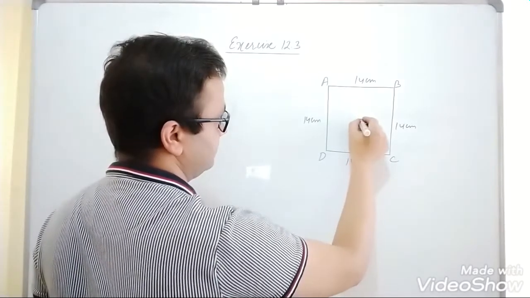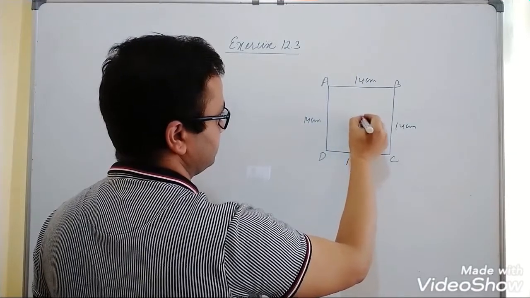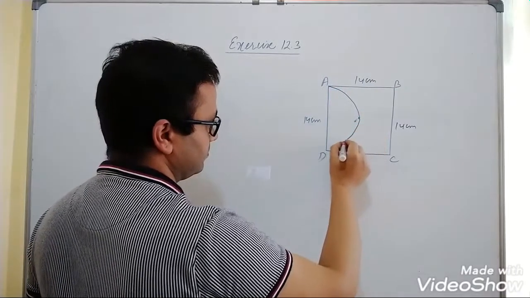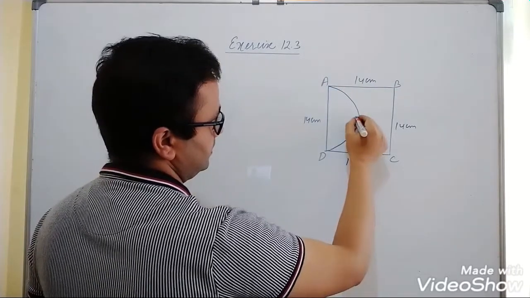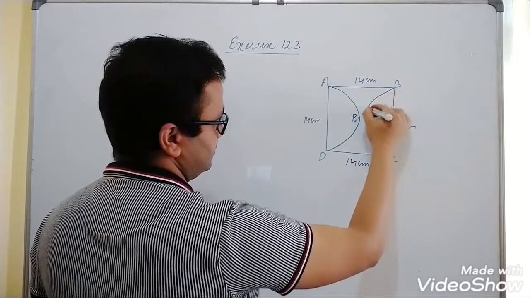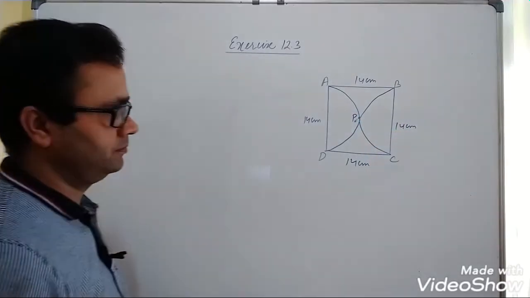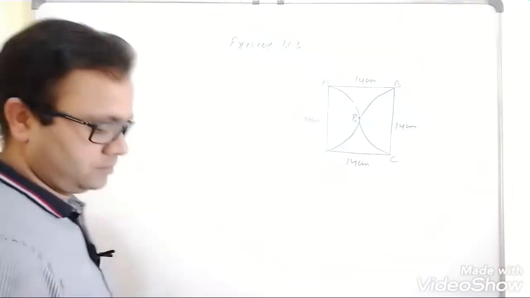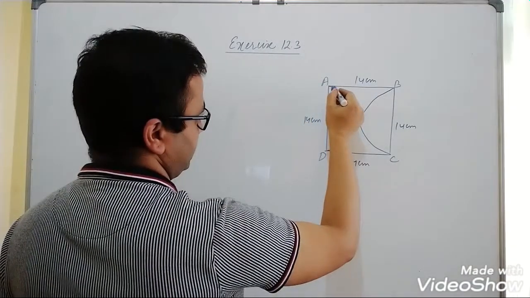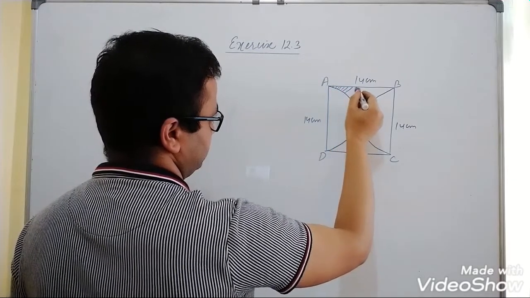APD and BPC are the semicircles. So we need to calculate the area of the shaded region. These portions are the shaded region.